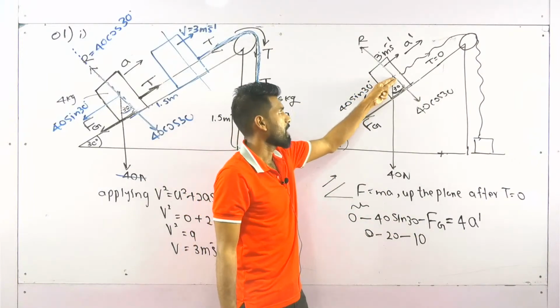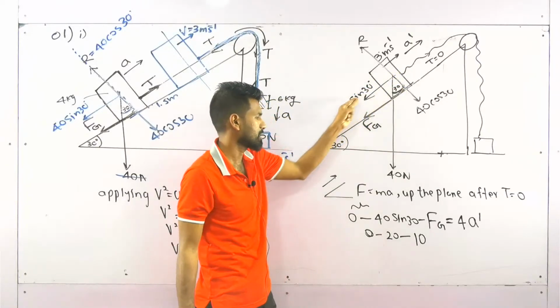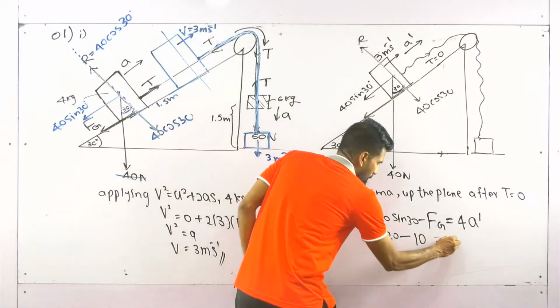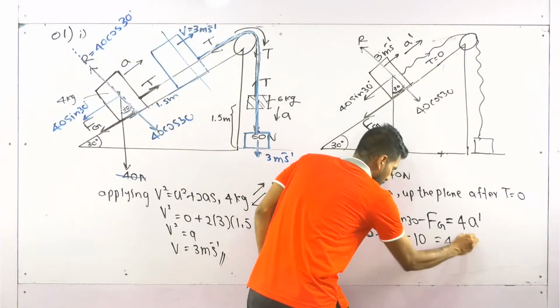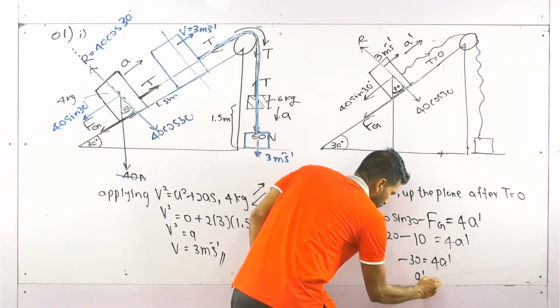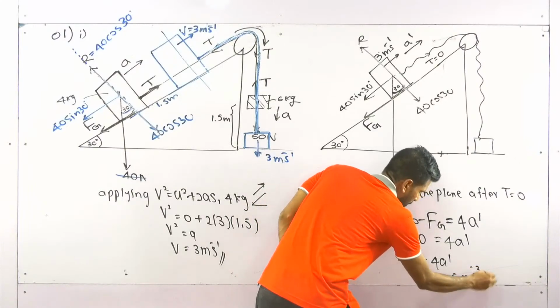Applying F equals ma upward, 0 minus 40 sin 30 minus 10 is equal to 4a dash. Minus 30 is equal to 4a dash. a dash is equal to minus 7.5 meters per square second.